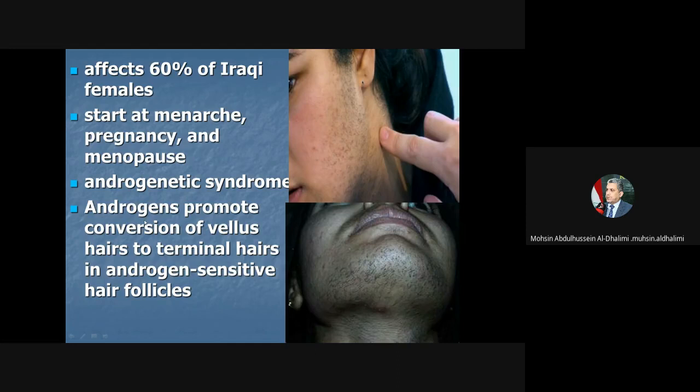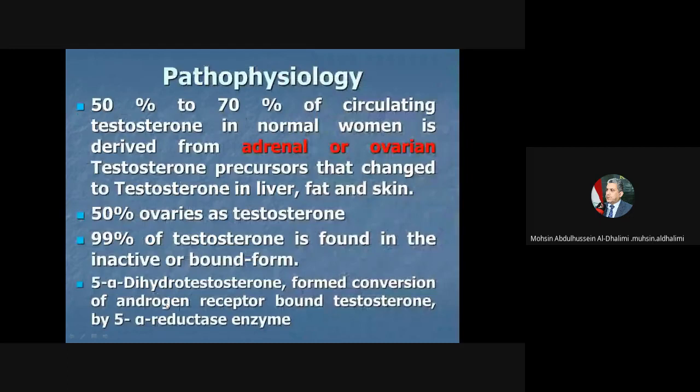مثل ما قلنا انه الاندروجين promote conversion of villous hair, thin hair into thick terminal hair in the androgen sensitive hair follicles. يعني هاي المعلومات اعتقد كلها تعرفوها سابقا، بس لا بأس بالإعادة والتذكير about the metabolism of androgens in the body. يعني 50 to 70% of this circulating testosterone, it is derived from either the adrenal or ovaries.